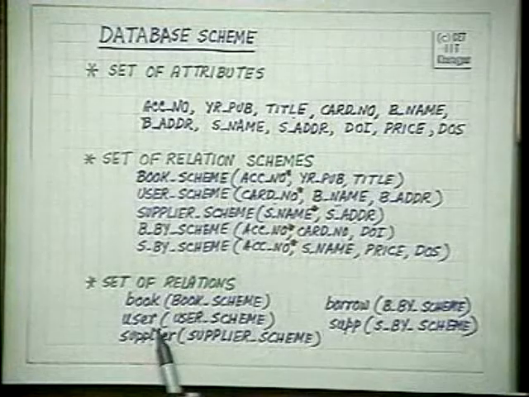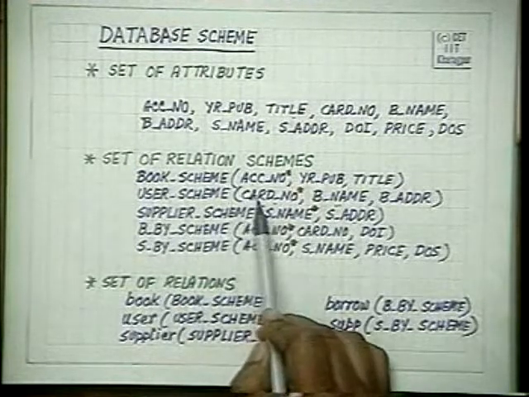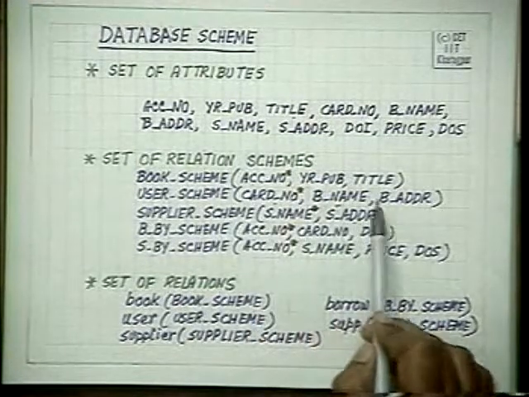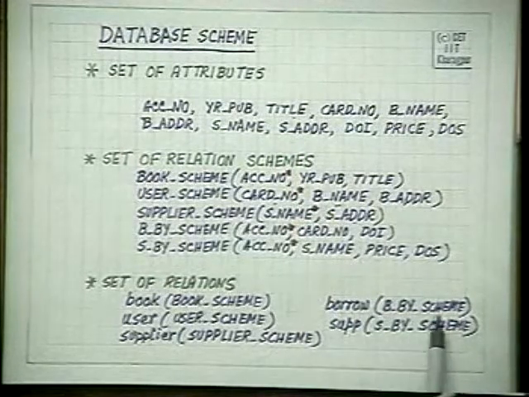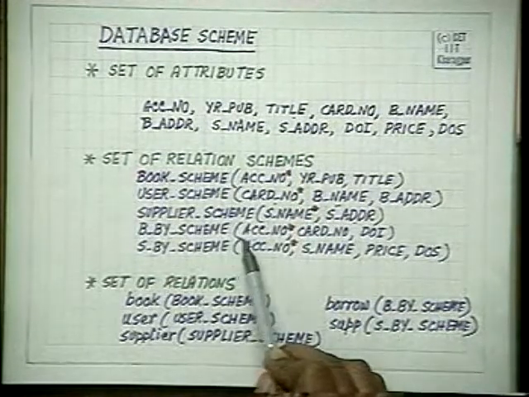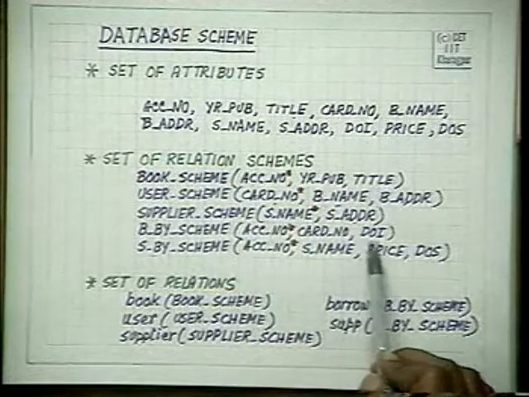So let us go back to two of our own relations. The user relation, which has card number, borrower's name, and borrower's address, and the borrow relation from the borrowed by scheme, which has accession number, card number, and date of issue.